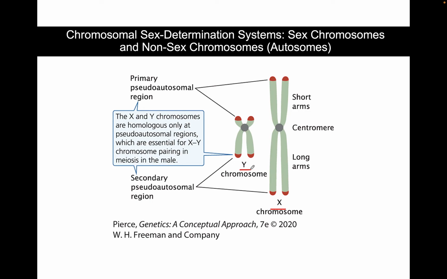Typically the red regions you see here, on the tips or the ends of the chromosomes, are these homologous regions, and they are essential for sex determination. We call these regions the PAR region, or the pseudo-autosomal region. As we'll talk about a bit more in a second, one of the essential genes is the SRY gene.